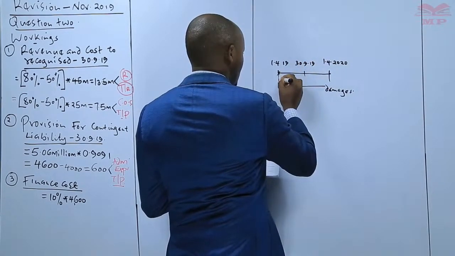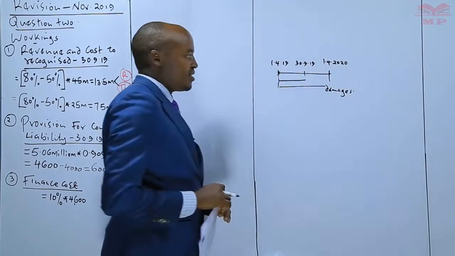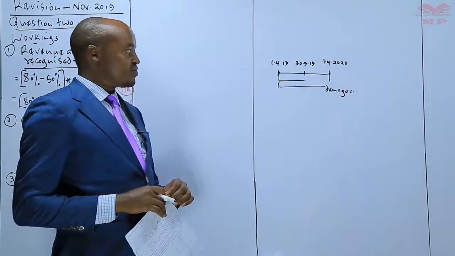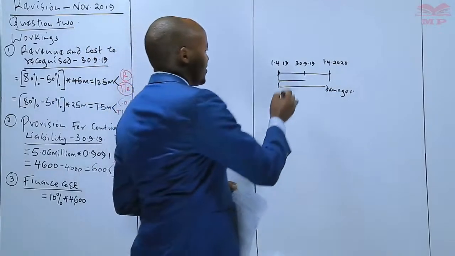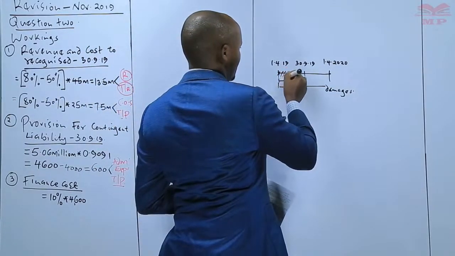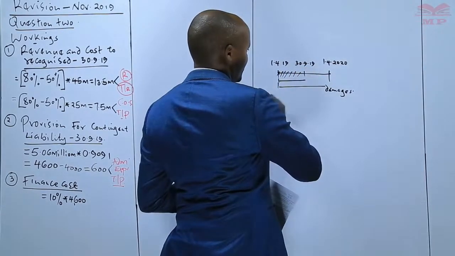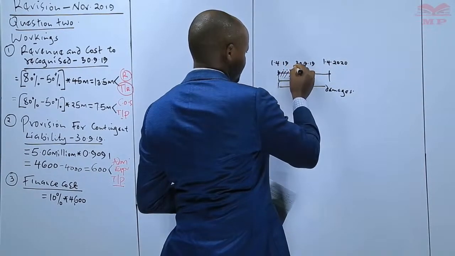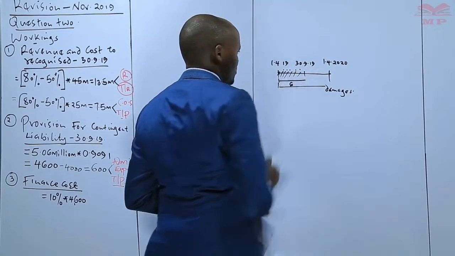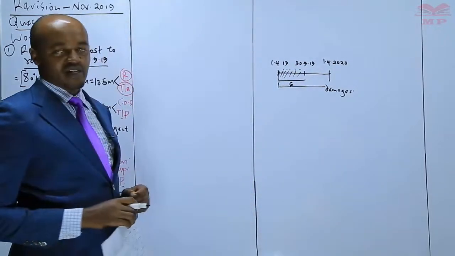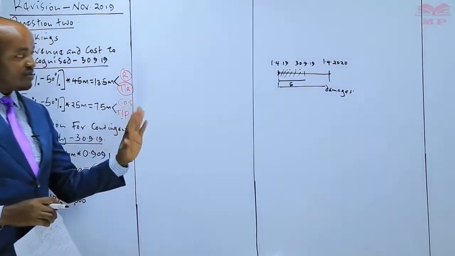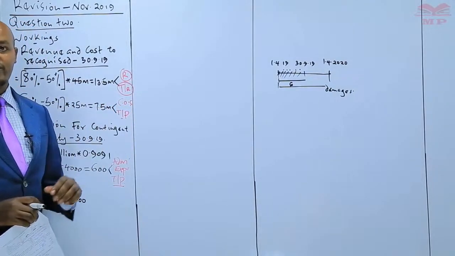So if we count the number of months we have there, we have April, May, June, July, August, and then September. So basically these are 6 months. Therefore, the finance cost which will be recognized in the current financial year will not be for the whole year, but rather for 6 months.